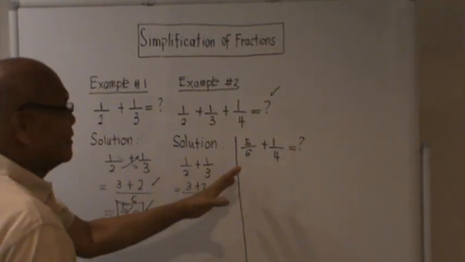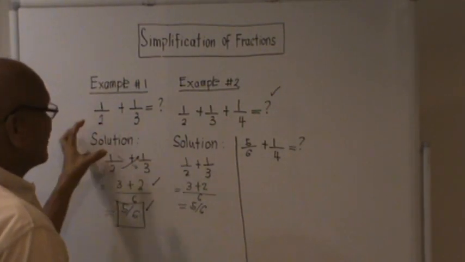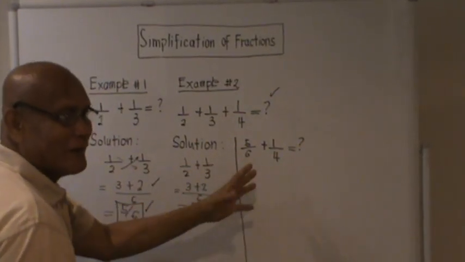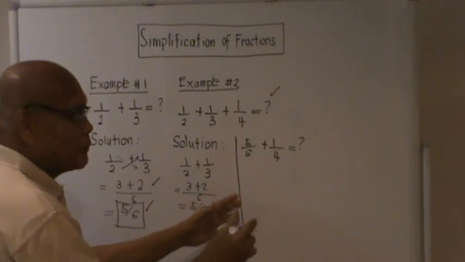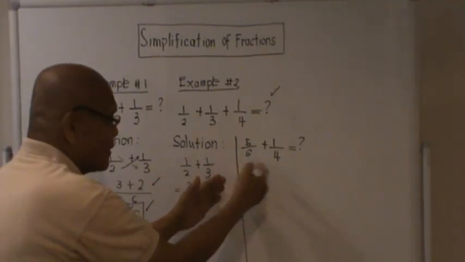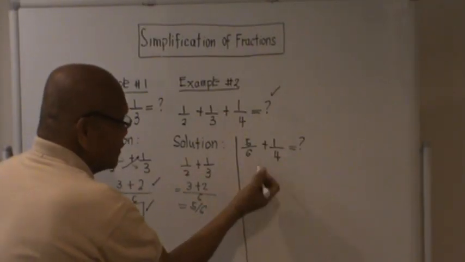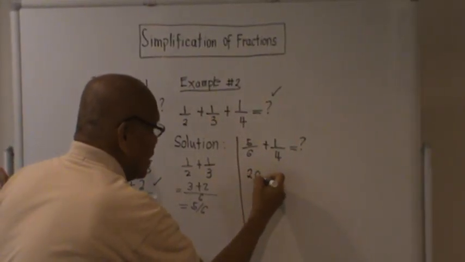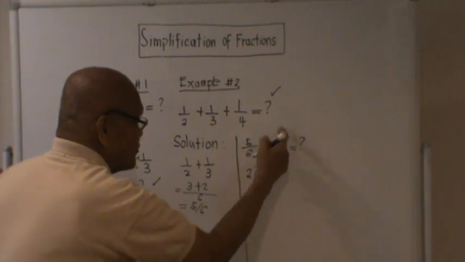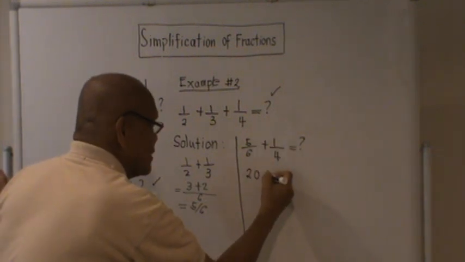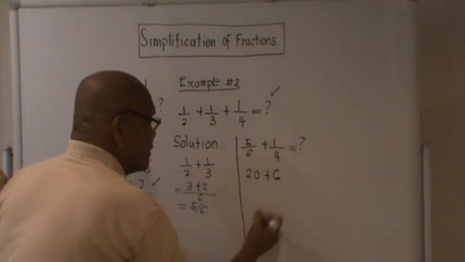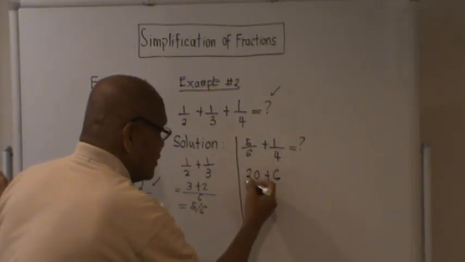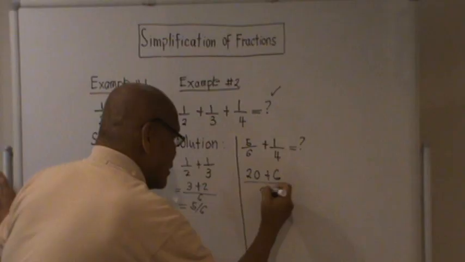So again, we could go back to the concept of example number 1. Since there are only 2 fractions now for the meantime, we could use the product of the crisscross thing all over the product. The crisscross value will be 5 times 4, that will be 20. Right? 6 times 1 will be 6, plus 6. Right? And the resulting common denominator will be the product of this, which is 24.